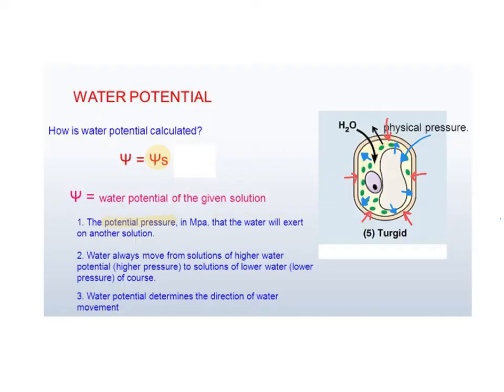And that is what our data set is for, to help us see at what concentration there is enough water coming in that the cell wall will begin to push back and not allow any more water into the cell. So here's how we're going to do that calculation.